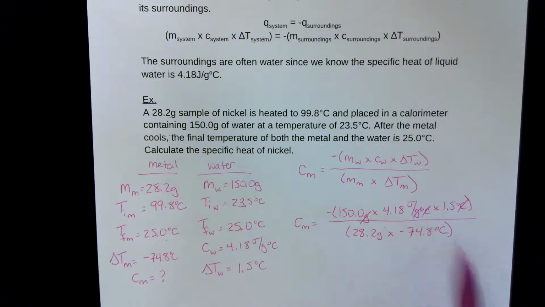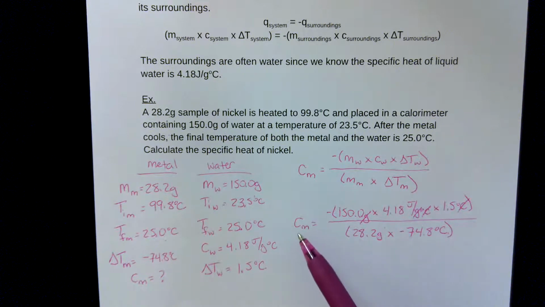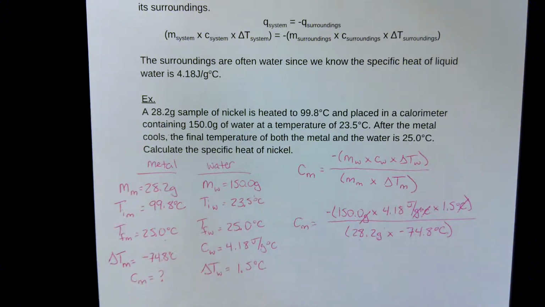And that is how we end up with the final unit of specific heat here as joules over grams degrees Celsius. And taking a look at my units will ultimately help me determine if I have set up my problem correctly. Because if my units don't work themselves out to make sense for what it is that I'm solving for, I've done something wrong. But here, it does make sense to end up with joules over grams degrees Celsius because that is one of our units of specific heat.